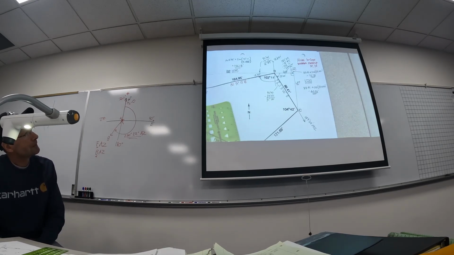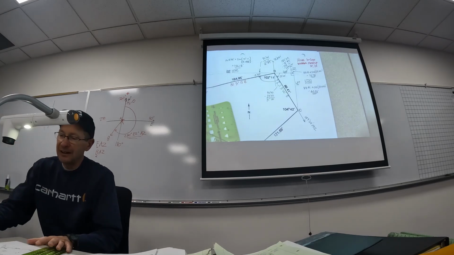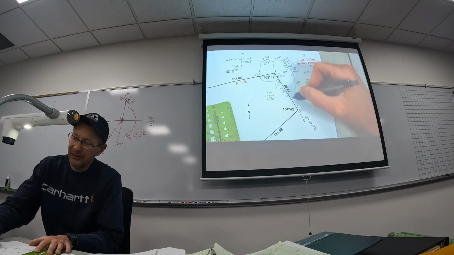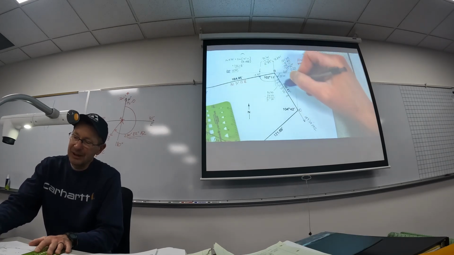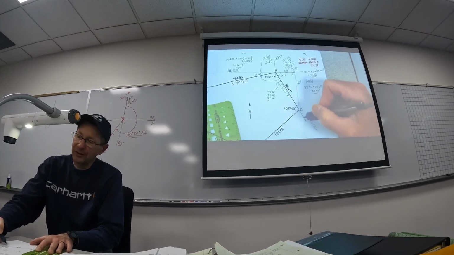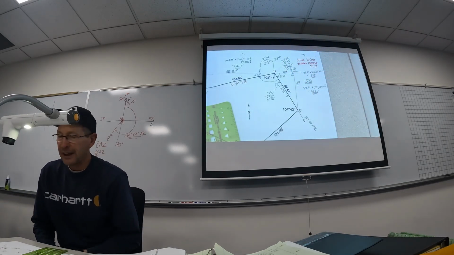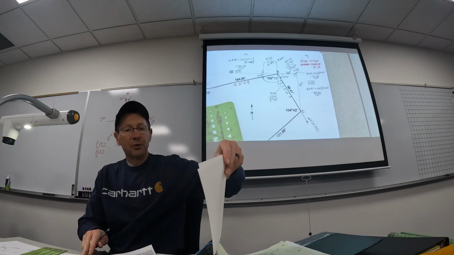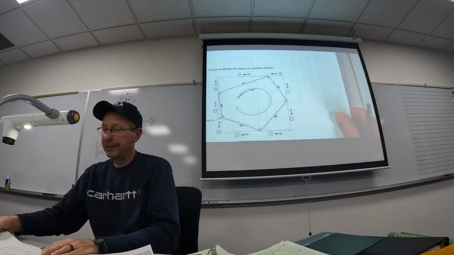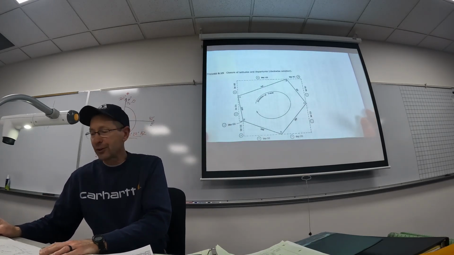Why is it a forward azimuth? From B to C, what we're saying is we're in the forward direction. If you look on that other sheet, you'll notice the direction of travel.